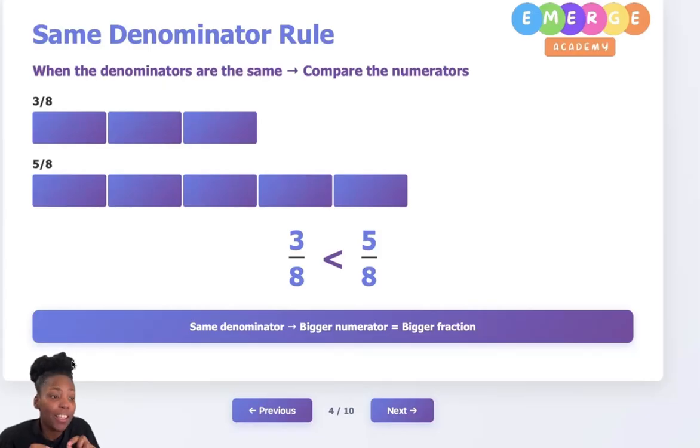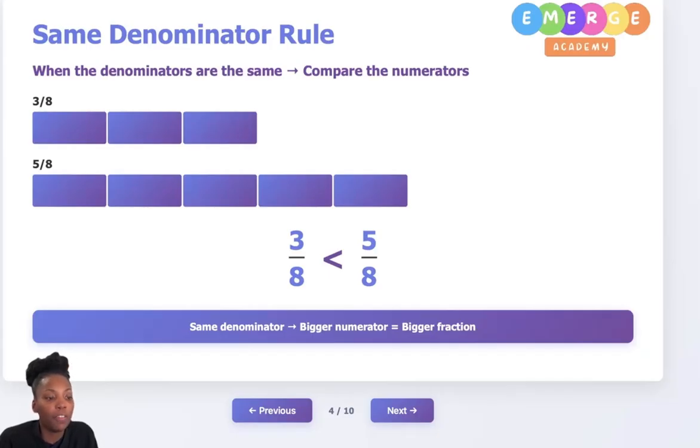So let's look at what we call the same denominator rule. When the denominators are the same, we compare the numerators. As you can see here, we've got our 3/8 and our 5/8 from the beginning of the lesson. Because we have the same denominator, we're going to look at the numerators. Same denominator, bigger numerator means bigger fraction.